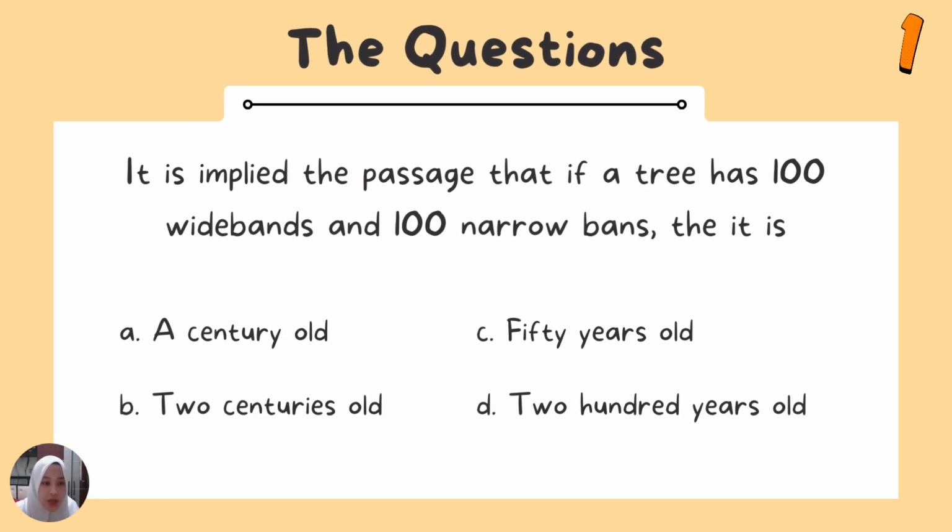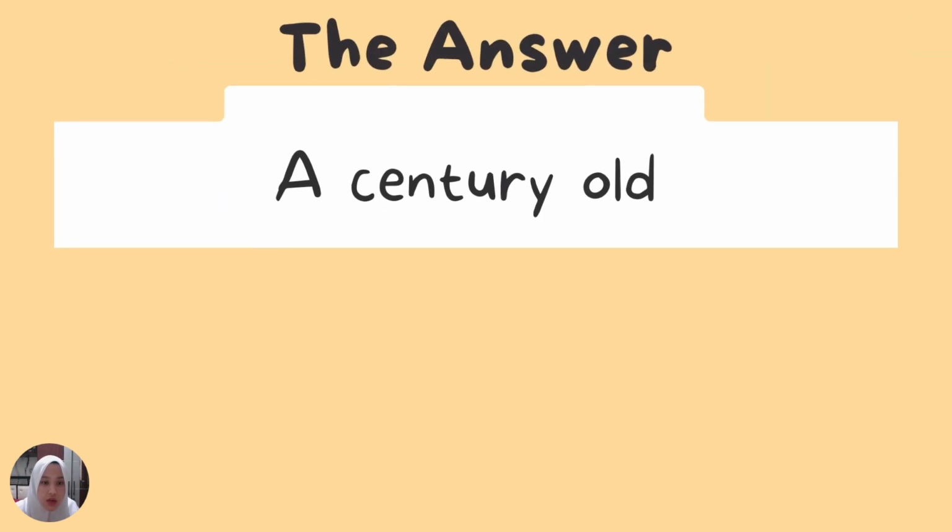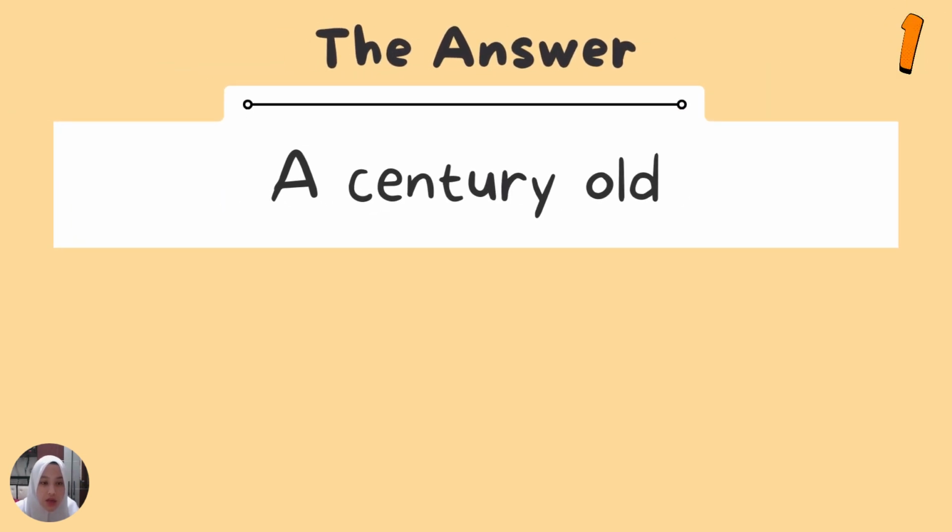For question number 1, it is implied in the passage that if a tree has 100 wide bands and 100 narrow bands, it is, for the options, A century old, B 2 centuries old, C 50 years old, D 200 years old. So for the next slide, the answer is a century old.